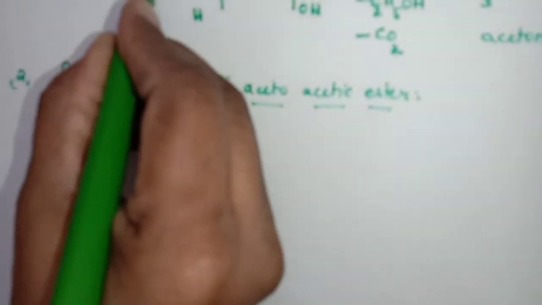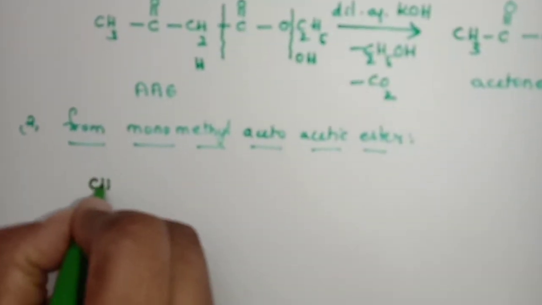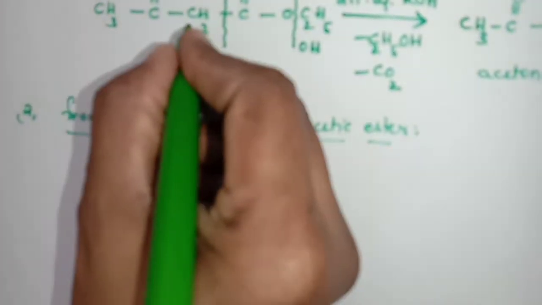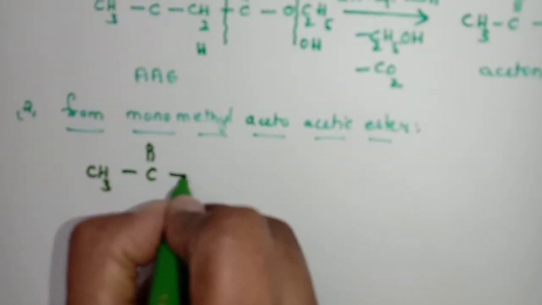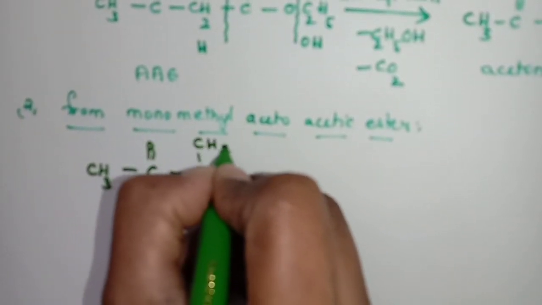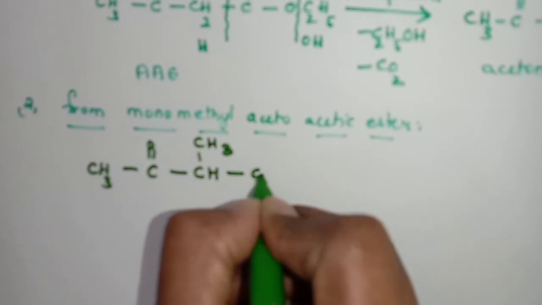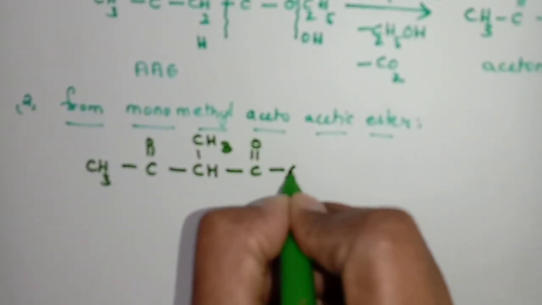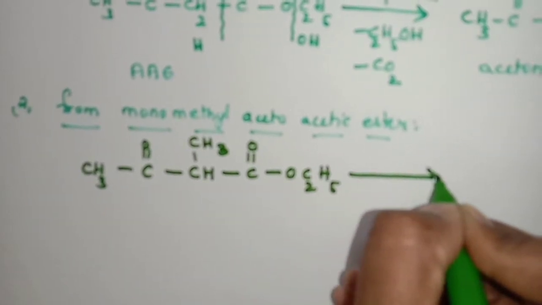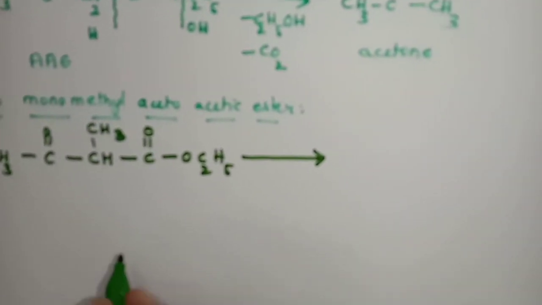So look here, acetoacetic ester, CH3, C double bond O. Here what is here? CH2. Fine. But one hydrogen is replaced by a methyl group and the rest is same. C double bond O, O, C2H5. This is called monomethyl acetoacetic ester.